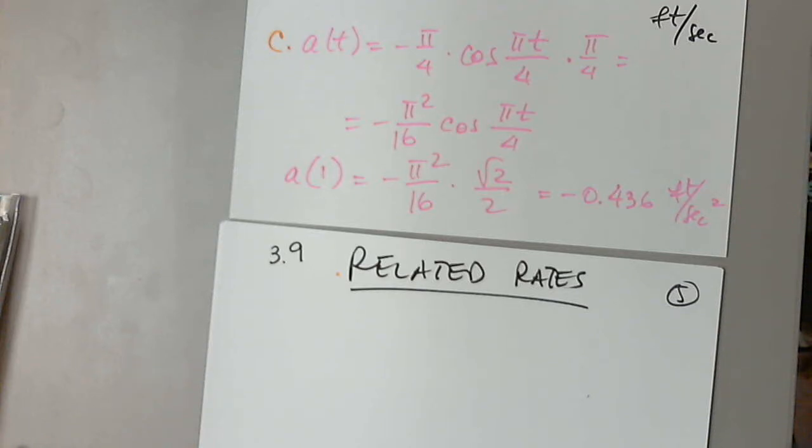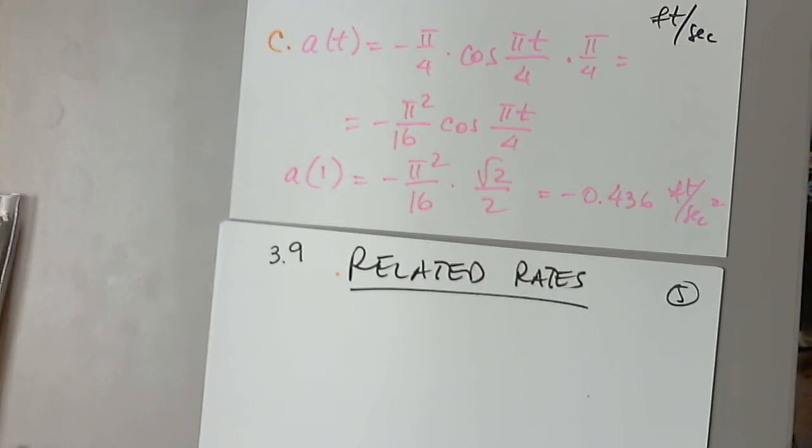Imagine we have a balloon and we pump air in the balloon, or a tire and we pump air in the tire. So what happens with the balloon? When we pump air in the balloon, the volume does what? Increases, correct. The radius of the balloon, if it's a sphere, increases, correct. What else?